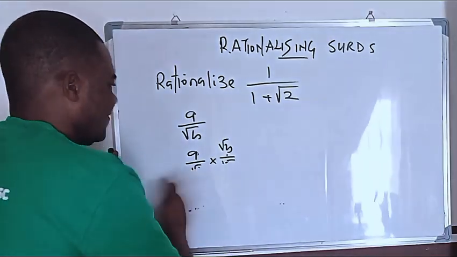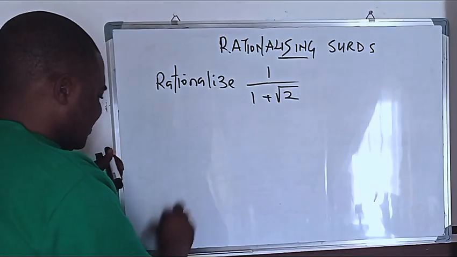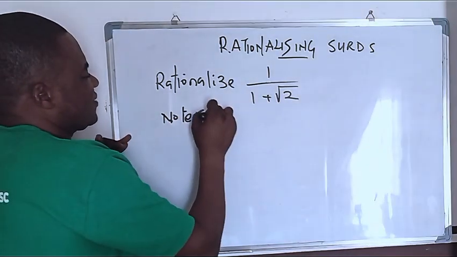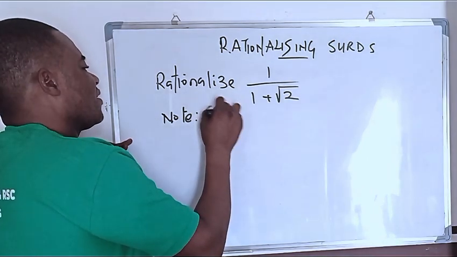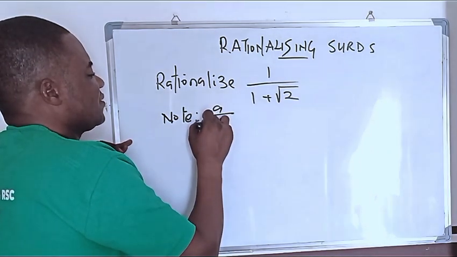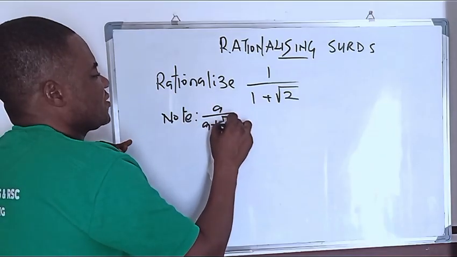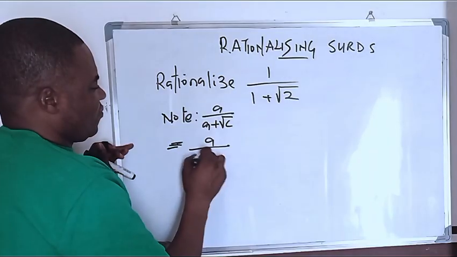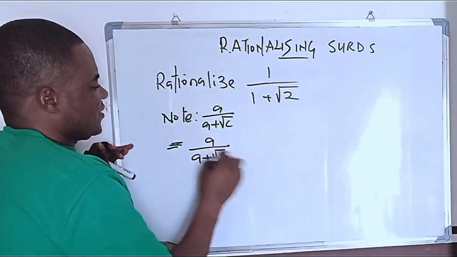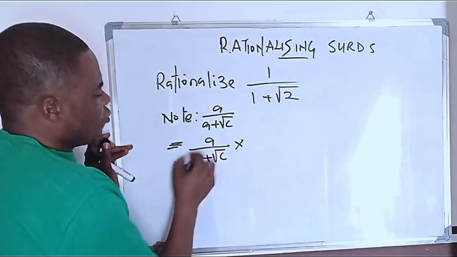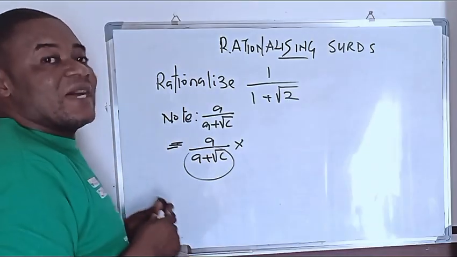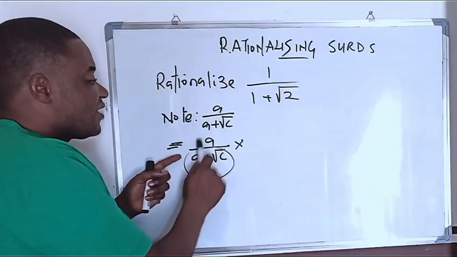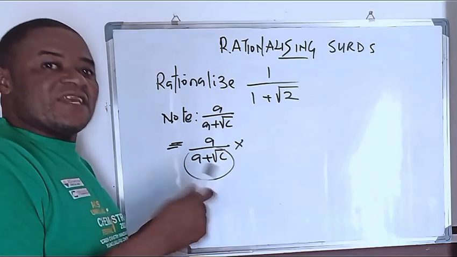Now, from here, we can simply look at this surd. Note that A over A plus root C can be written as A all over A plus root C multiplied by, use the denominator to create another fraction of surd, but in its inverse form.